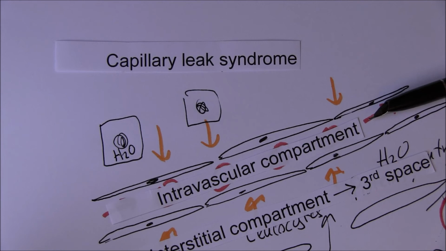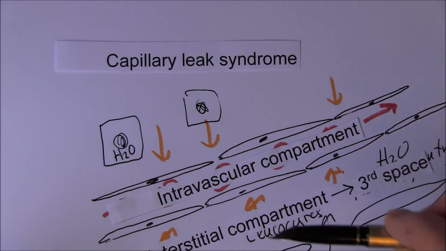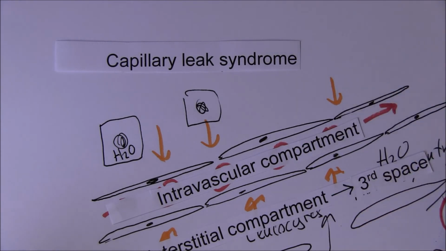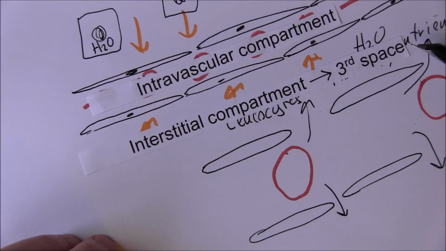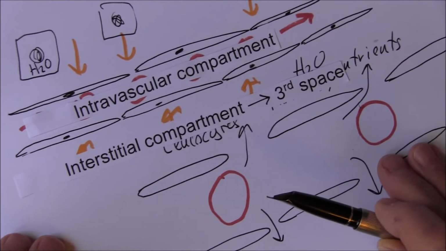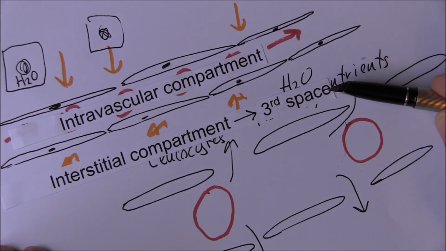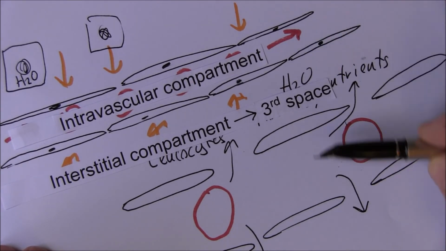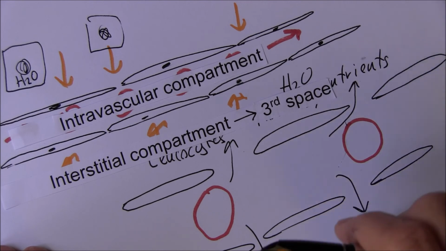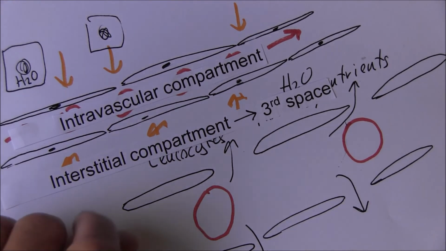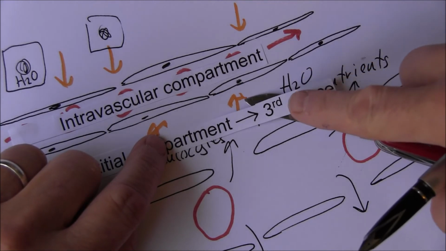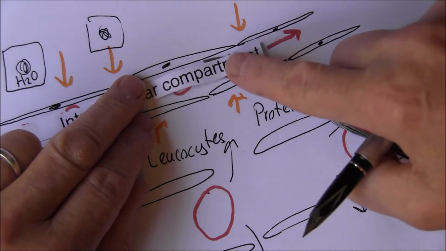And then the third compartment, or the third space, is anything that's not in the cells and not in the blood vessels. So if it's in the tissue spaces, that's in a third space. And the key thing about this is that when fluid is in the third space, it's no longer able to circulate around the blood. And it's useless for the purposes of sustaining intravascular volume and blood pressure.